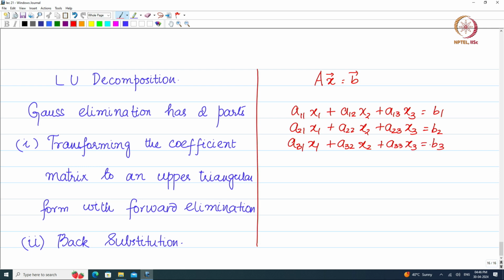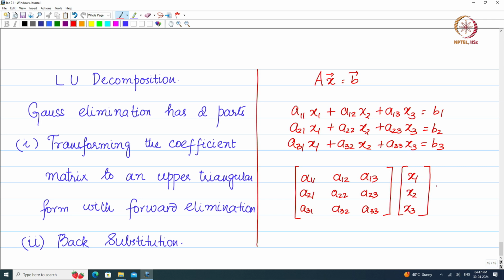This is the system of equations that we had, and the coefficient matrix was A11, A12, A13, A21, A22, A23, A31, A32, A33, multiplied by x1, x2, x3, is equal to B1, B2, B3. This is what we had.